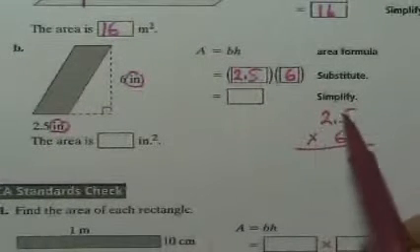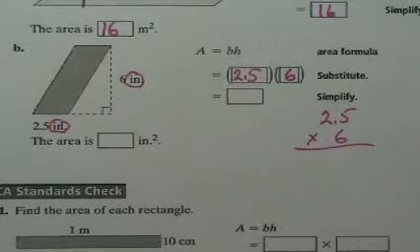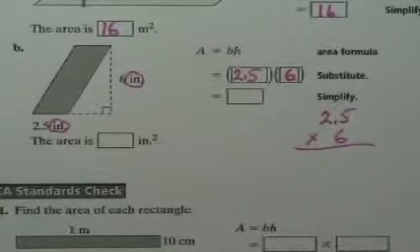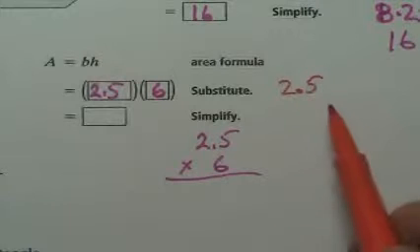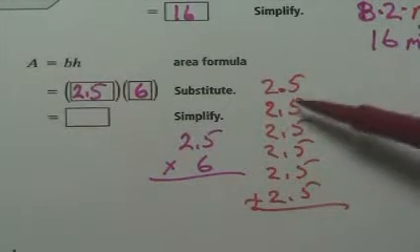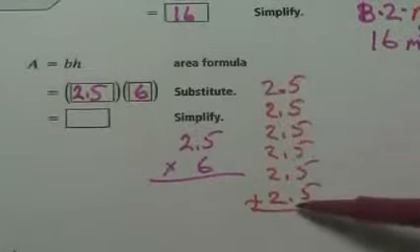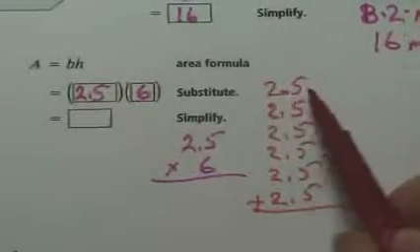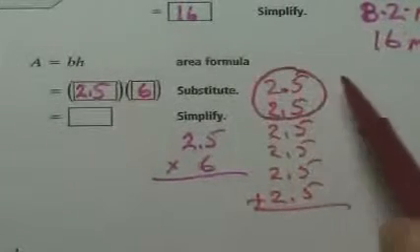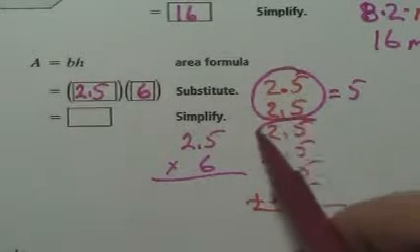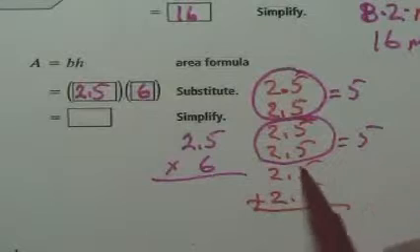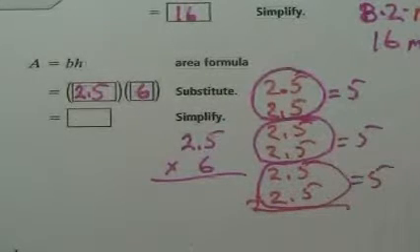If you don't know, you could simply multiply it out. But mentally, you'd have 2.5 six times. 2.5 and 2.5 is 5. So that's 5, that's 5, that's 5.